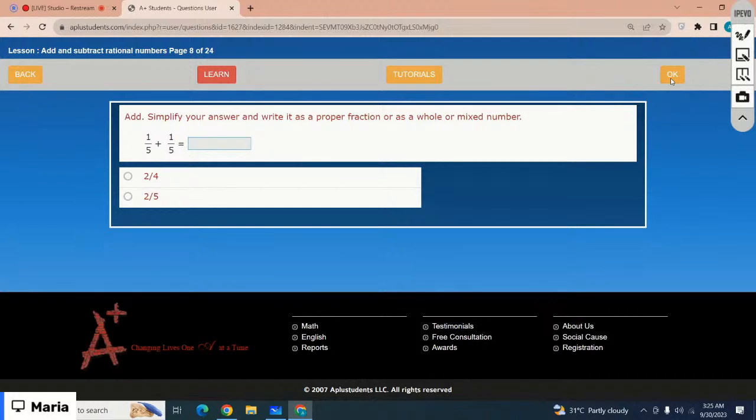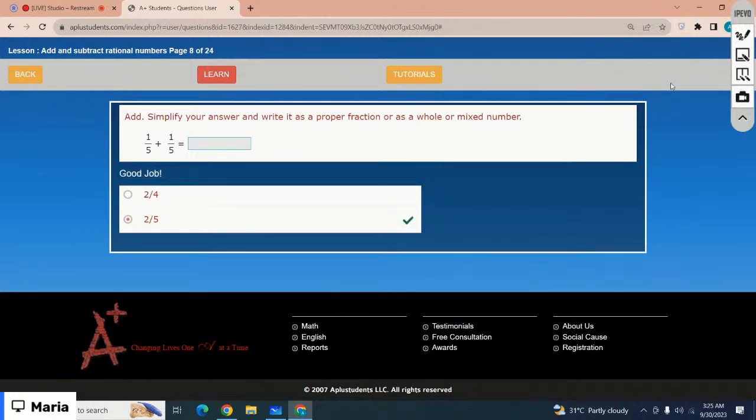Okay, the next one is 1 by 5 plus 1 by 5. So, which is the correct option? The correct option is 2 over 5, right? Okay, you can complete the lesson by yourself later today.